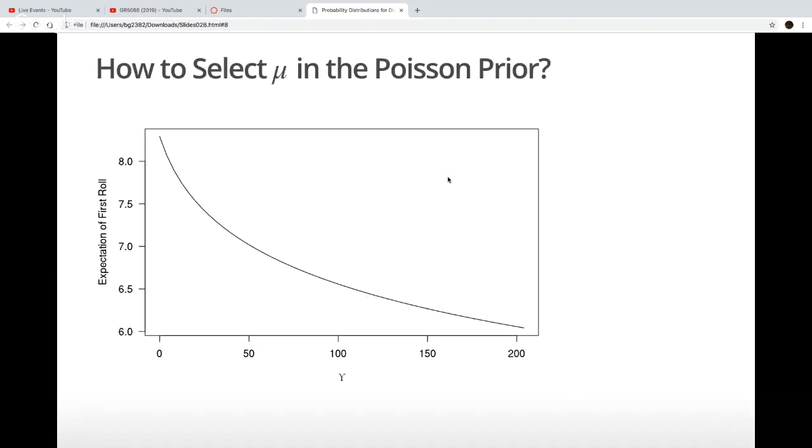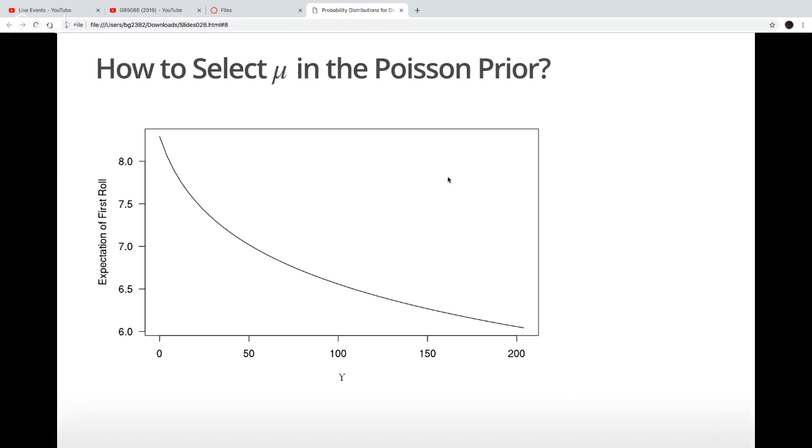But if you work out what the expectation is and make a plot like this, we see the expectation of what happens on the first roll of a frame of bowling is a decreasing function of upsilon. That's why I said you can interpret upsilon as how uncoordinated a person is.